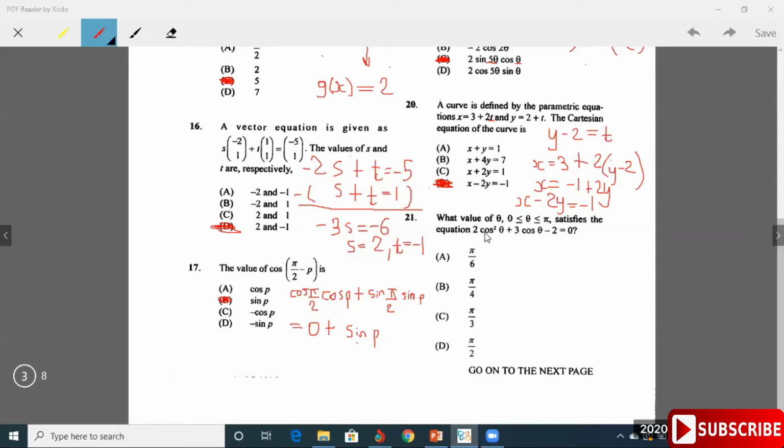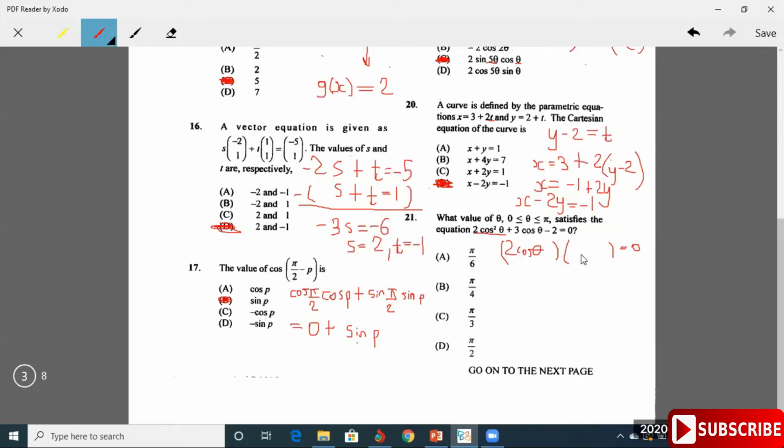To solve this trig equation, we just solve it normally like it's a quadratic. So we're going to factorize it. We have 2 cos squared theta. In order to get 2 cos squared theta, right here has to be 2 cos theta, and right here has to be cos theta.